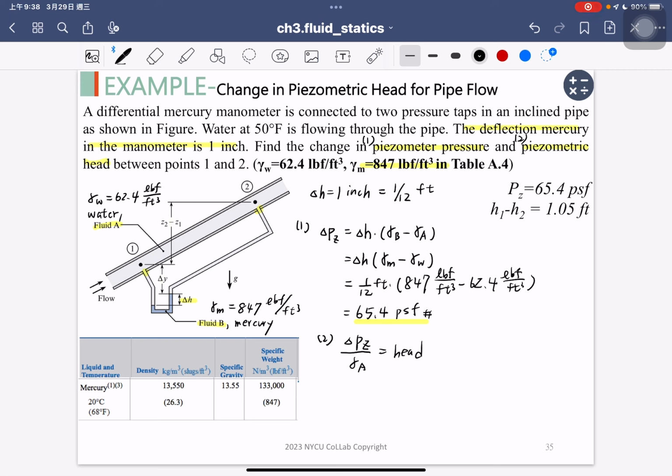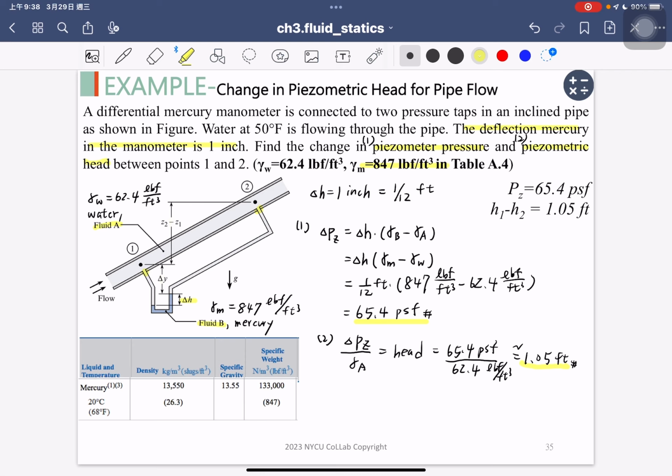So we have the value 65.4 PSF divided by gamma A, which right now is water, so we divide by 62.4 pound force per cubic foot. Finally, we compute the head difference, and it is around 1.05, and the unit is length, because we are computing the head.